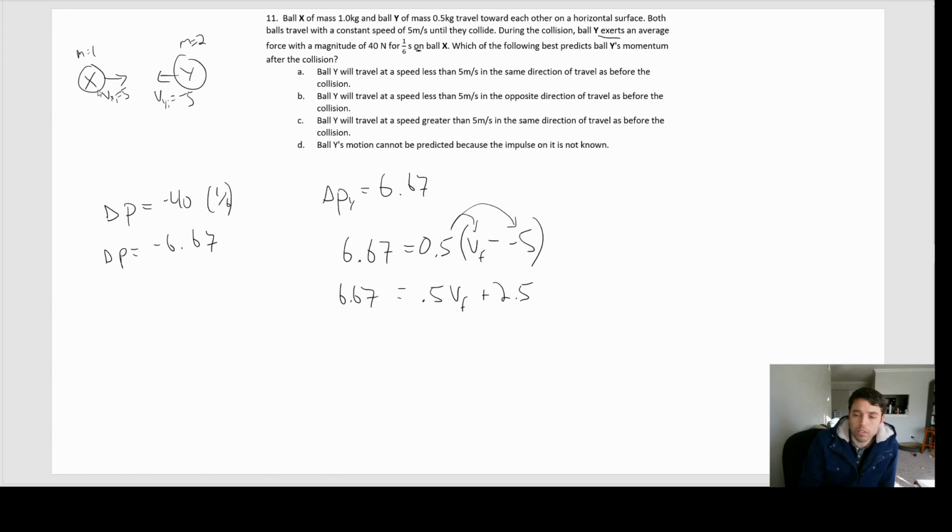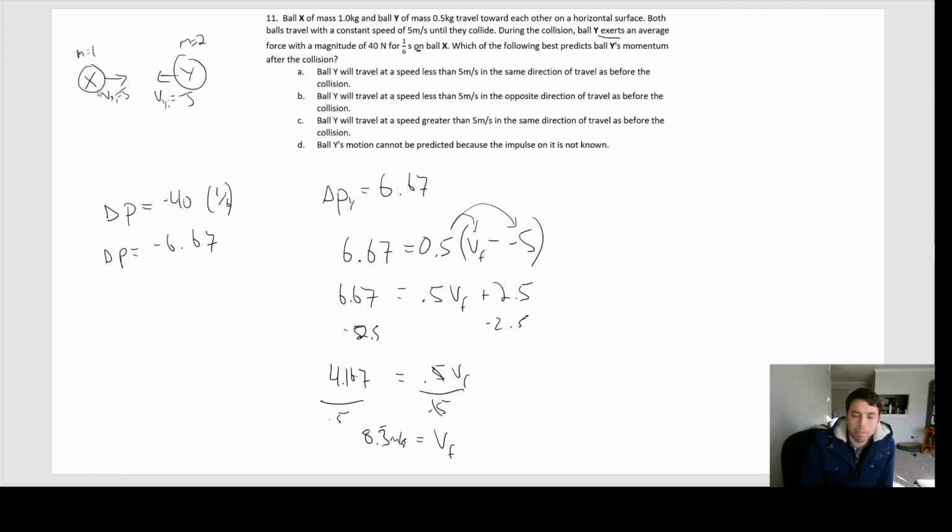I'm going to subtract 2.5 from both sides. And I'm going to get 0.5 VF equals, let's see, what is 6.67 minus 2.5, and I get 4.167. Divide by a half on both sides to get VF by itself, and VF is going to be 8.33333, 8.3 repeating meters per second.